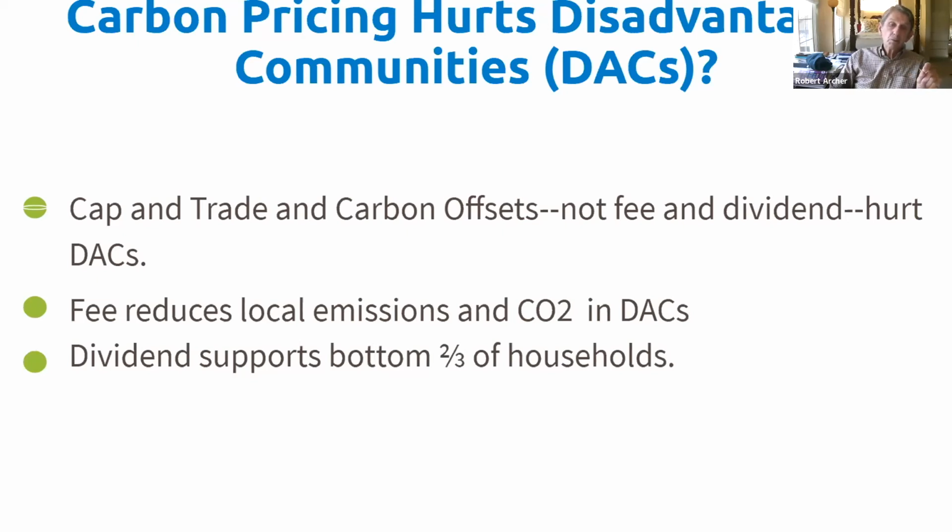Environmental justice groups have legitimate concerns about cap and trade and carbon offsets, but those concerns are not applicable to the CCL carbon fee and dividend, which does not depend upon a carbon market and does not have forest carbon offsets of any kind.